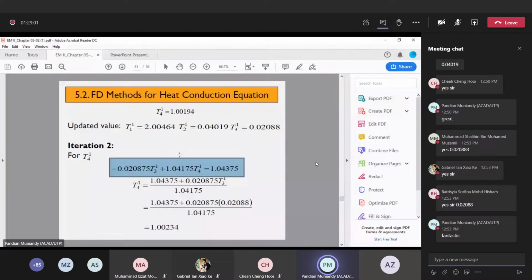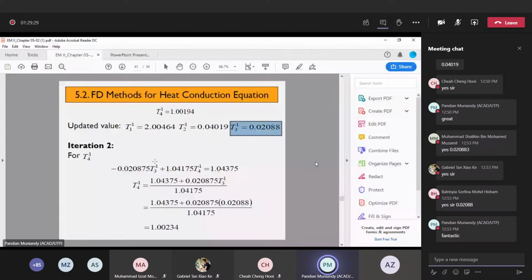T4 superscript 1 equals 1.04375 plus 0. That's why this fellow keeps on reducing. No more already. So we are in the last temperature, T4.